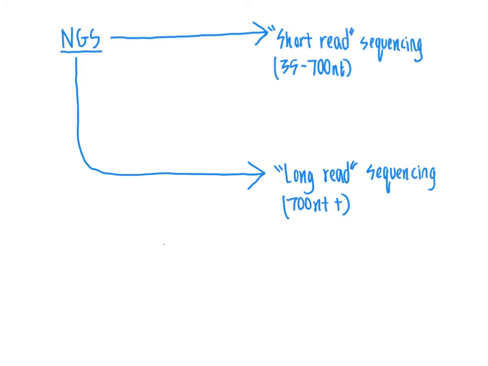Now in 2020, with next generation sequencing having been developed over the last 15 years or so, there are a variety of so-called short read sequencing techniques and long read sequencing techniques as well. We aren't going to go into each of those individual techniques, but suffice it to say that there are a variety of different companies in these markets that have created patented proprietary sequencing methods that give these so-called short reads or long reads.